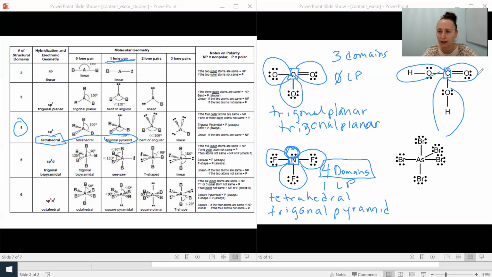It's bonded atoms and lone pairs around the central atom. So this is 1 bonded oxygen to that carbon. So I still have 3 groups, so it's the same as the carbonate was before, trigonal planar and trigonal planar. We have 3 domains and 0 lone pairs.